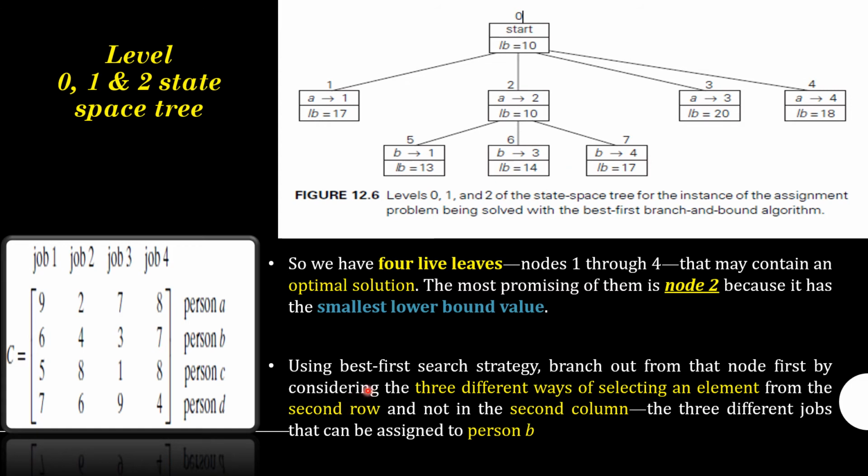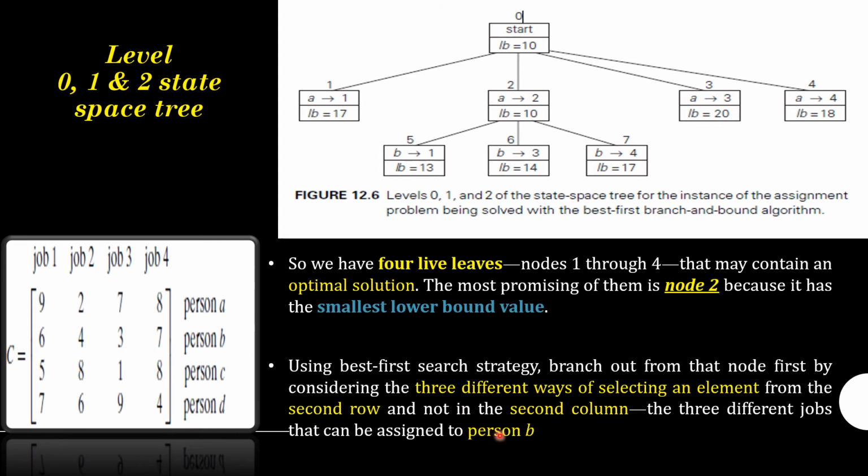Using the best first search strategy, branch out from this node by considering the 3 different ways of selecting an element from the second row and not in the second column, the 3 different jobs that can be assigned to person B.